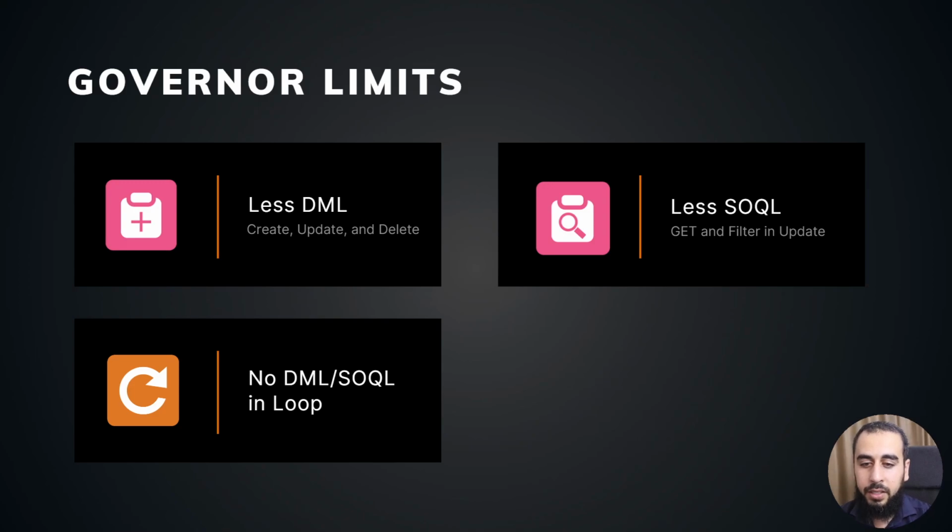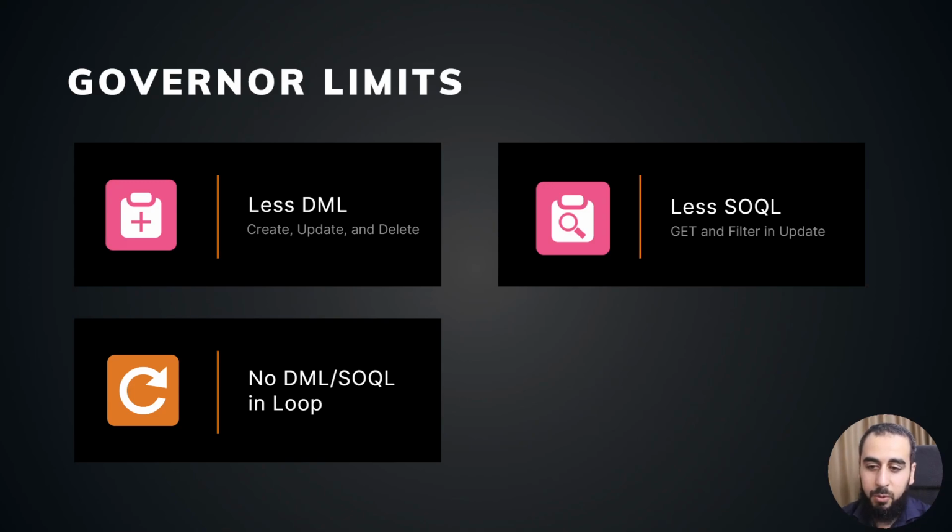Another very good practice and super important is to avoid DML or SOQL statements inside loops. This introduces two problems. The first problem is that you are approaching the governor limit. If you iterate through 150 or 151 records and perform a DML for each one of those, you're going to hit the DML limit and it's going to crash. If you perform 100 gets inside 100 iterations, you're going to hit the SOQL query limit and the flow is going to crash.